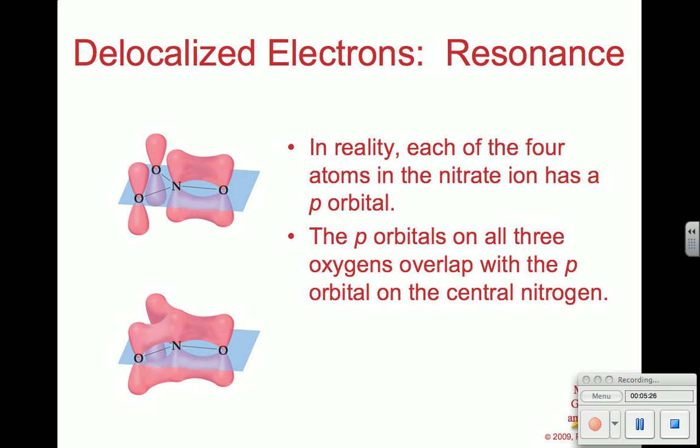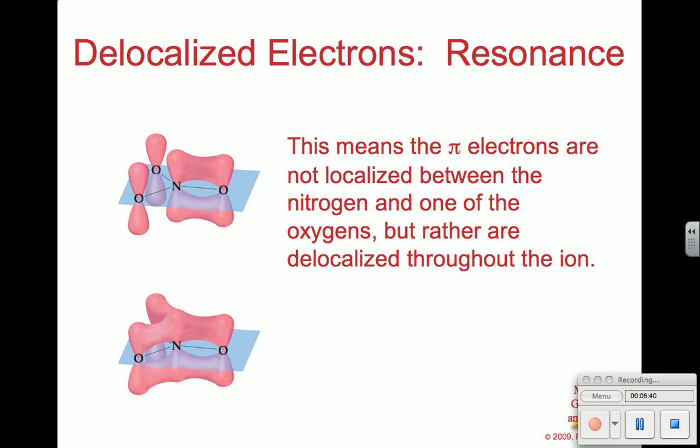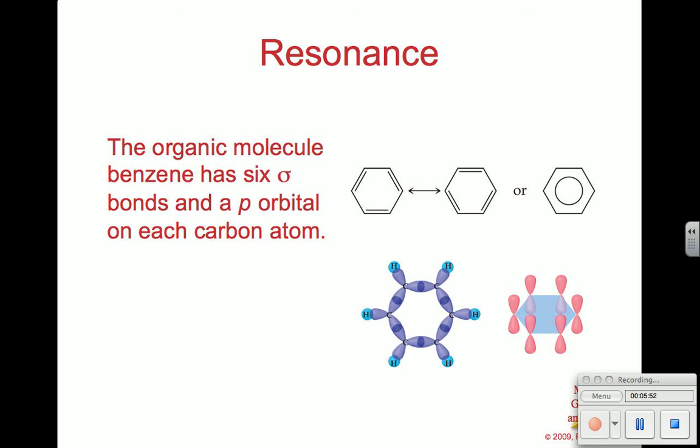So you get more of a lower-energy structure in regards to how those electrons are actually being overlapped in all of those p orbitals. This means the pi electrons are not localized between the nitrogen and one of the oxygens, but rather are delocalized throughout the ion. So those extra electrons are kind of floating, if you will.